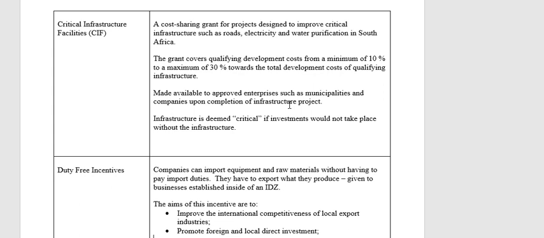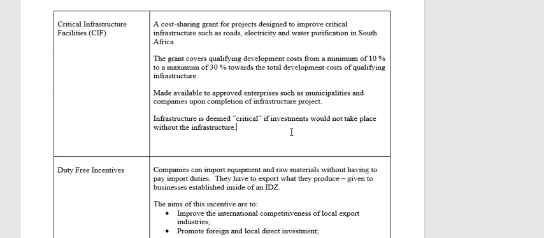All right. But it has to be deemed as critical infrastructure. They can't just build a road for summer and then ask for 10 to 30% from the Critical Infrastructure Fund, right? Critical infrastructure means that investment in the area will not happen unless the infrastructure is provided. All right.